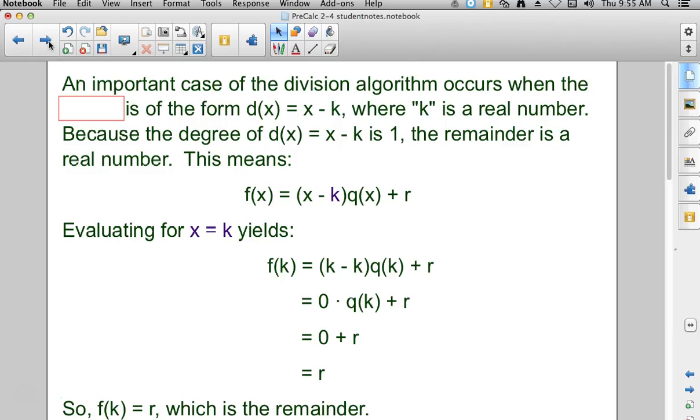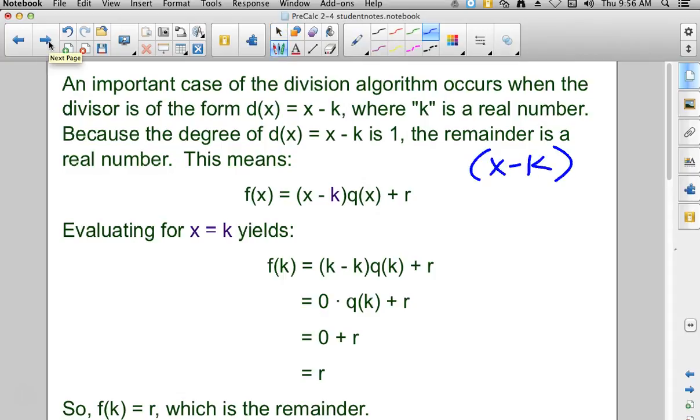All right, an important case of the division algorithm occurs when the divisor is of the form d of x equals x minus k. Now this paragraph sometimes blows people away, but that means this, x minus k. Hey, we've dealt with that a lot.